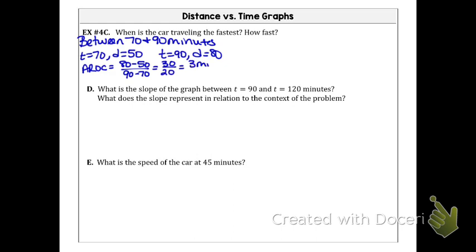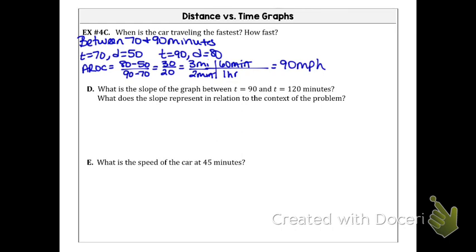So 3 miles every 2 minutes. And I'm going to change that to miles per hour. It should give me 90 miles per hour.